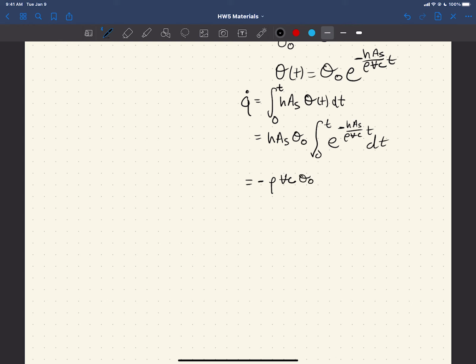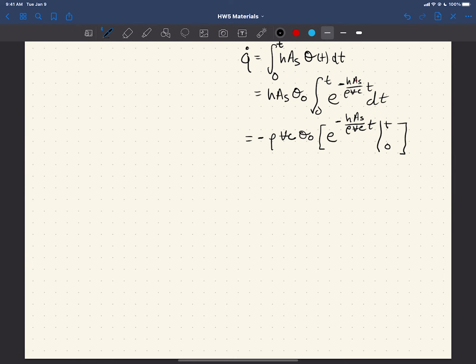Theta naught. And remember I said these cancel each other because one's on the top and one's on the bottom. All right, and then that is all times the integral of the exponential, which is just the exponential, and this is evaluated from 0 to t.